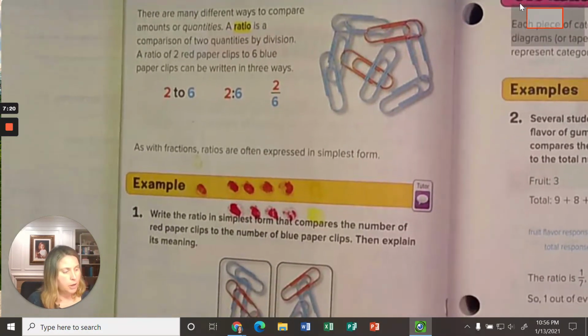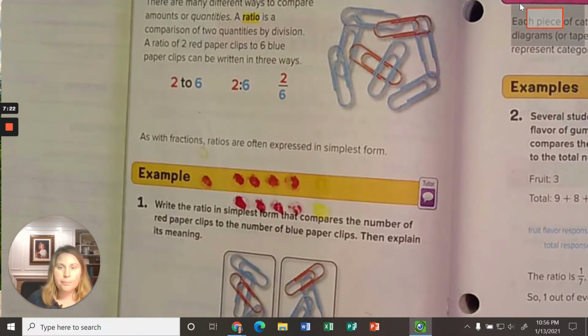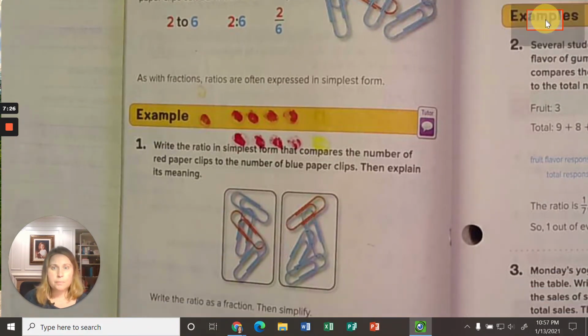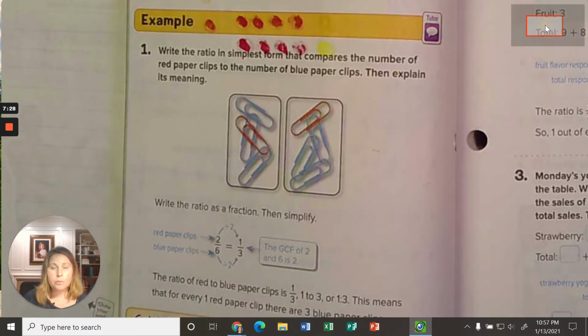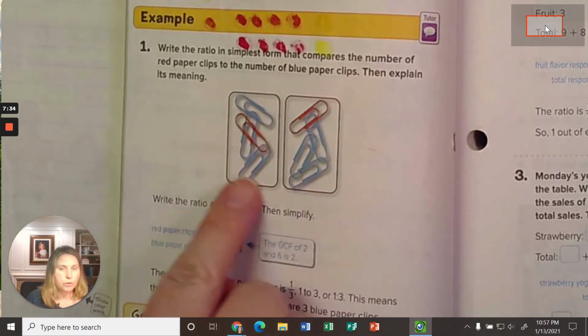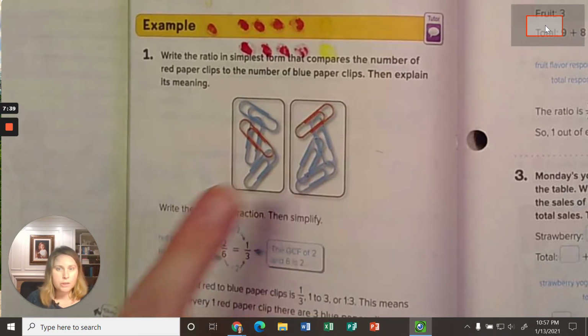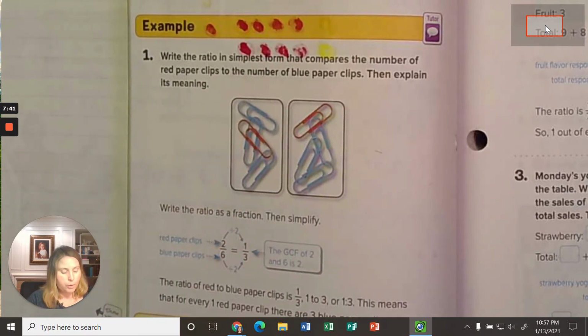Okay, oh, the marker bled through the paper there, sorry. So example number 1. Write the ratio in simplest form that compares the number of red paper clips to the number of blue paper clips. So here's our entire group, and they made these black rectangles around the groups just to kind of help us to see the simplest form.